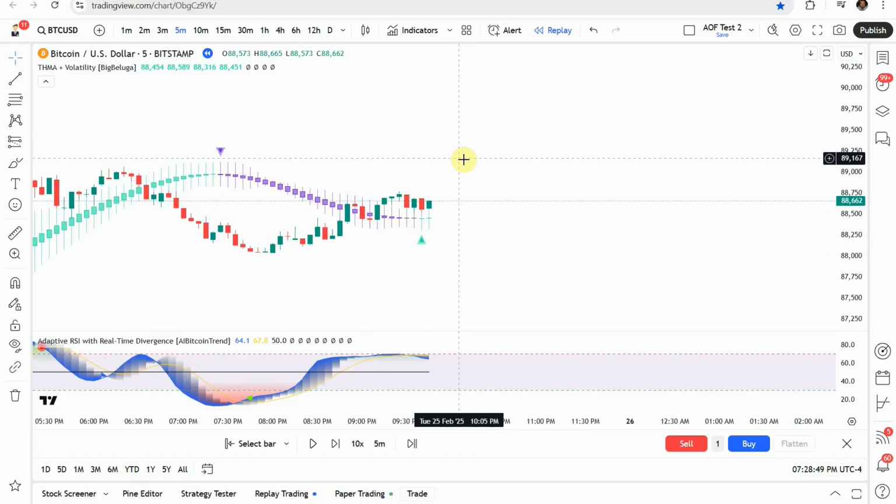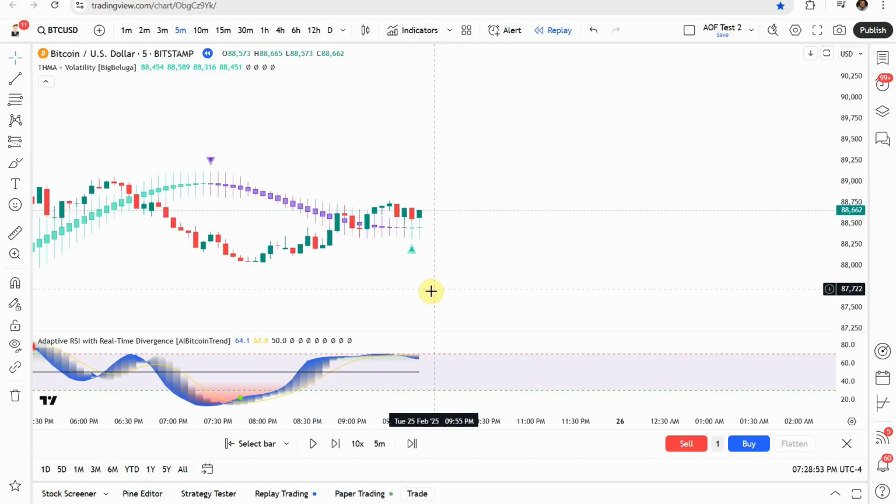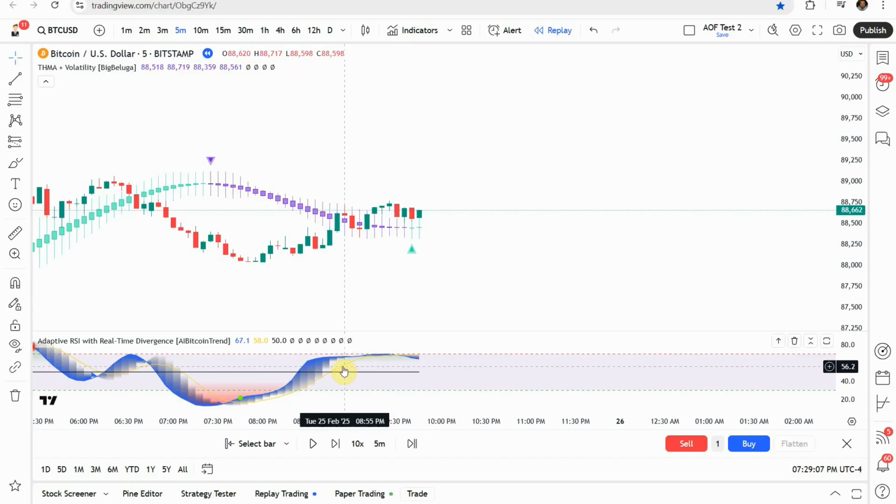For a long trade, we're looking for when we get a green arrow from the Hall moving average. You can see that we pick up a green arrow right here. Then we look down to the adaptive RSI, and we want the line.